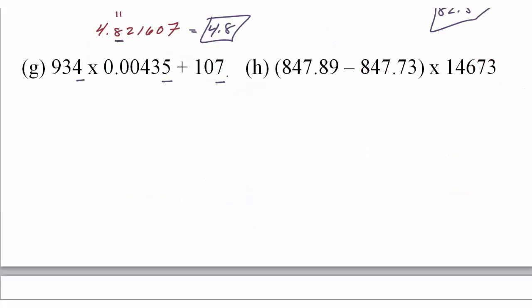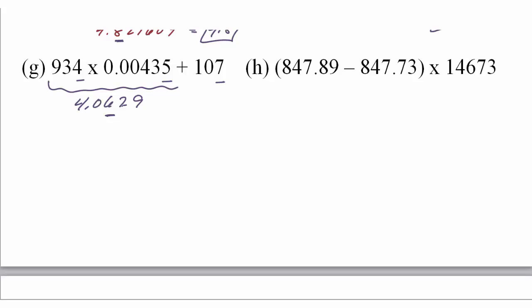Okay. Let's do the multiplication first. 934 times 0.00435, I get about 4.0629. Now I have to report my answer to only 3 sig figs.